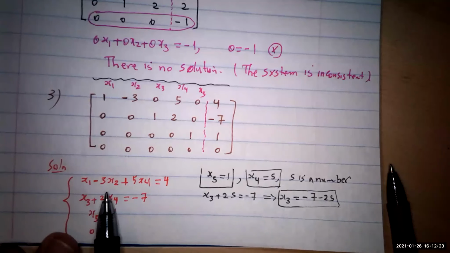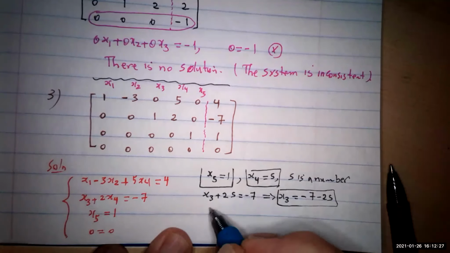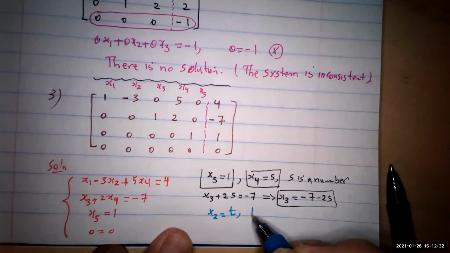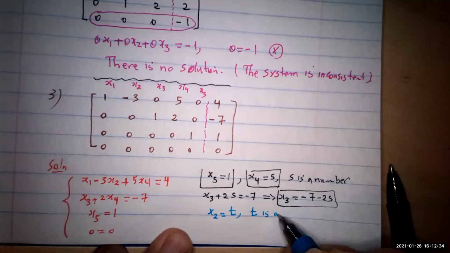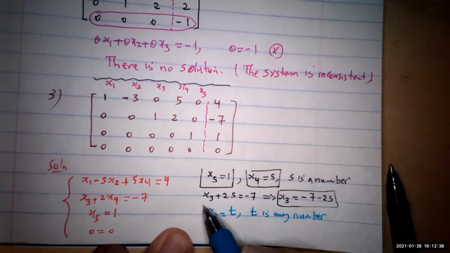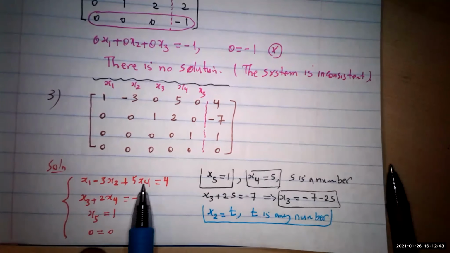So I'm going to pick the x2 to be a free variable. We call it t, when t is any real number. So there you are. I have the x2, then I put everything here to get my x1.